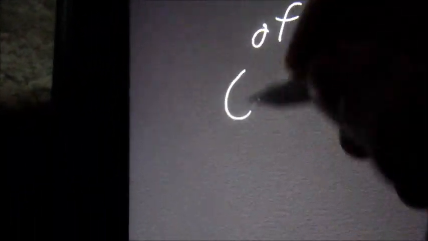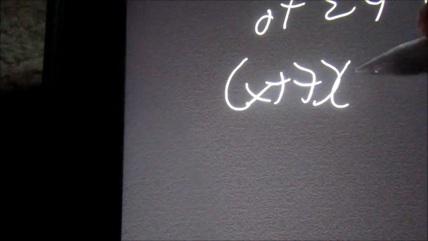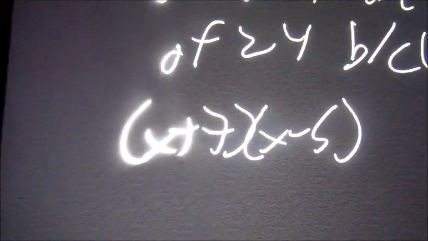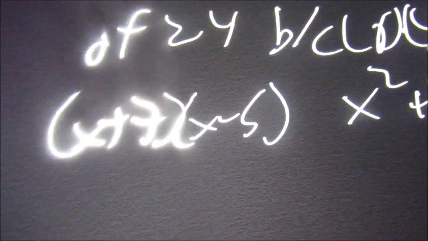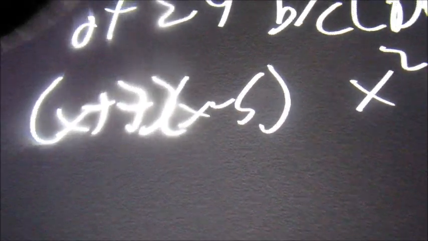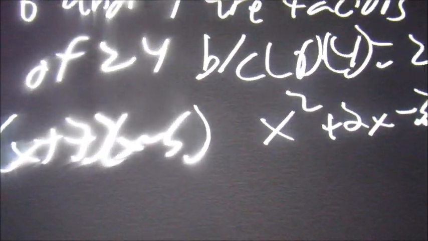And if you remember, we had x plus 7 times x minus 5. These are each factors of x squared plus 2x minus 35. So these are the two factors. We're going to get to that in a future section where we factor it back out, where we're going to go backwards. But just remember that.